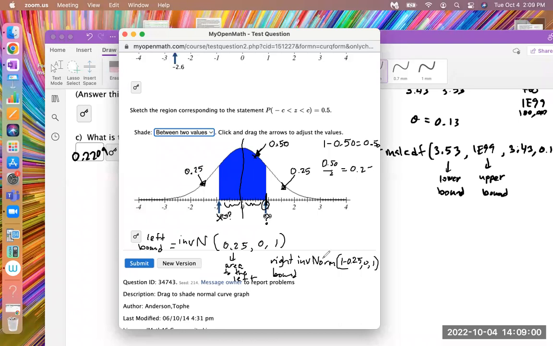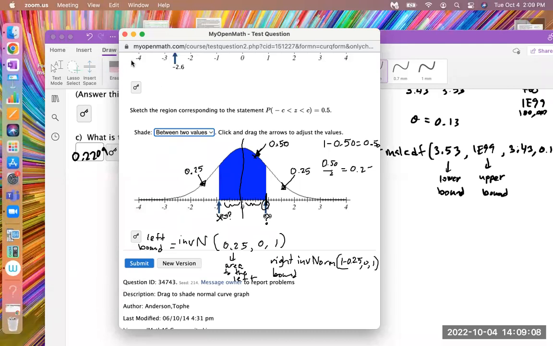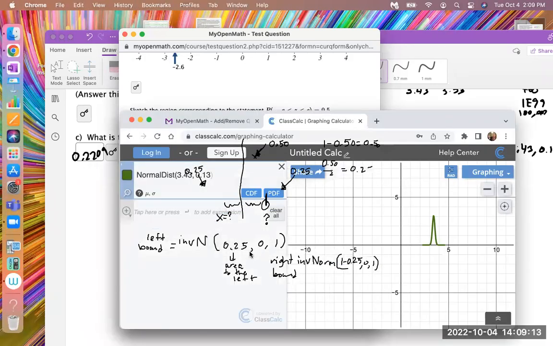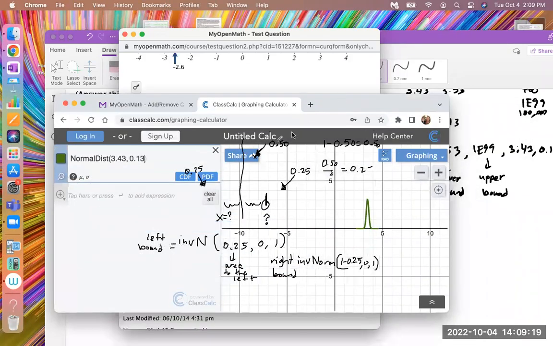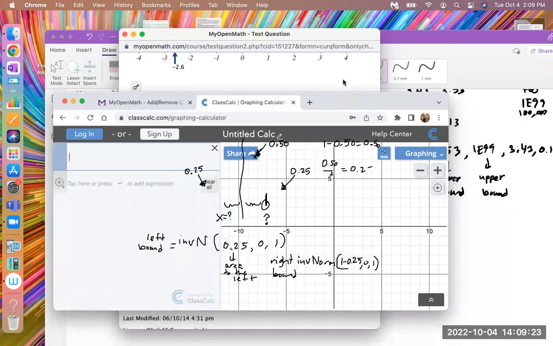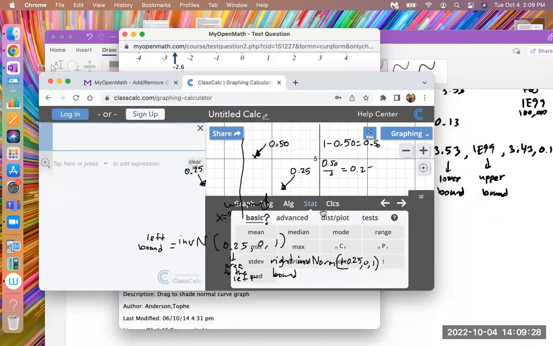So we can go ahead and do that using your TI-84 calculator. You just hit second, vars, to get that inverse norm function. However, I'm going to use the class calculator here. So I'm going to do this first one, 0.25 and 0 and 1. The way we do the inverse norm on the class calculator is you choose stats, distribution, normal distribution.